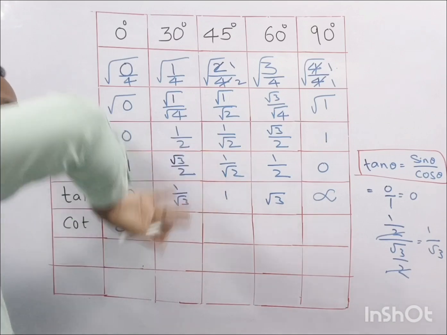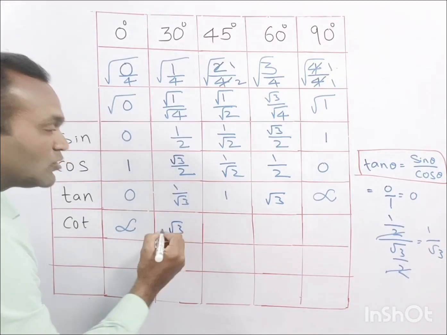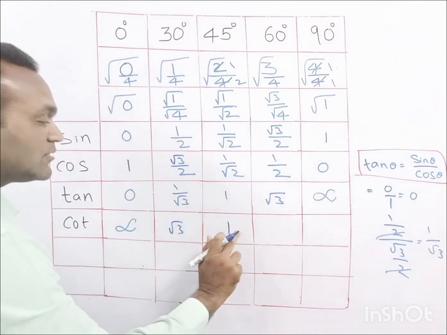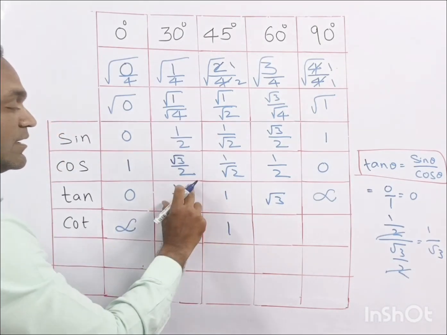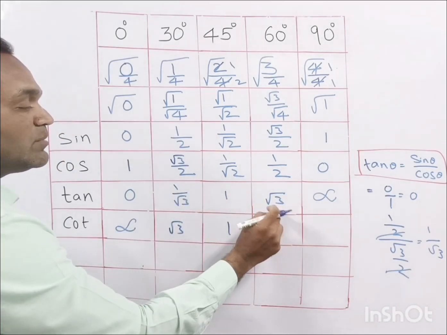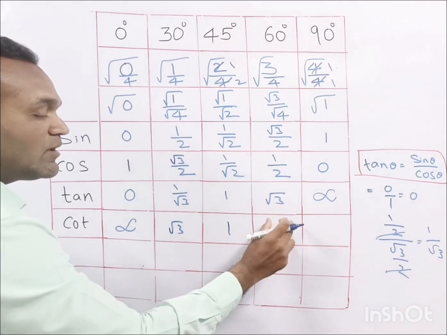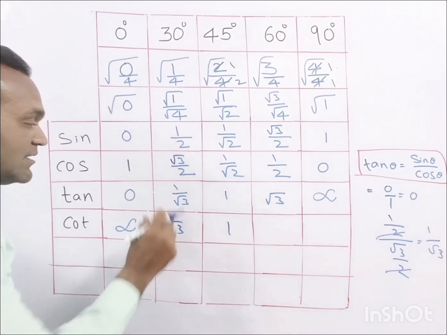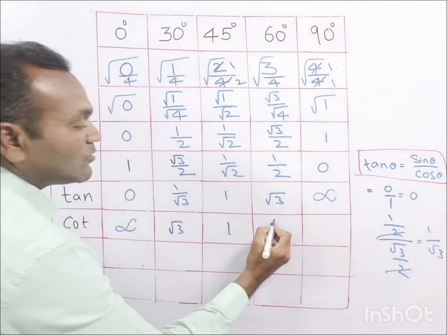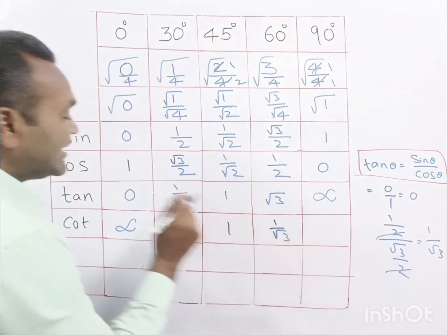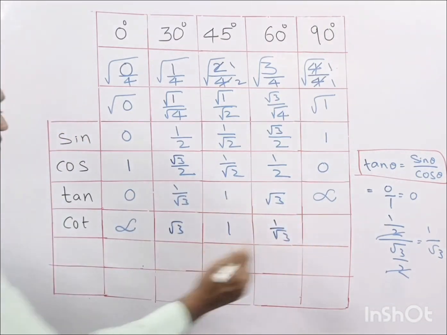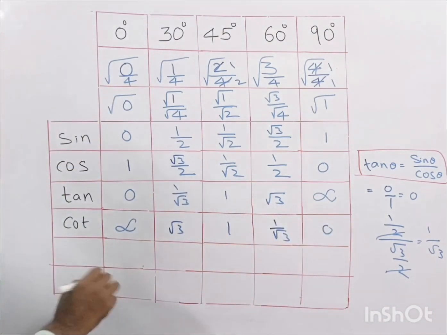Then 1. Then root 3 by 1, if you reverse it, is 1 by root 3. Next is 0. Okay, this is cot.